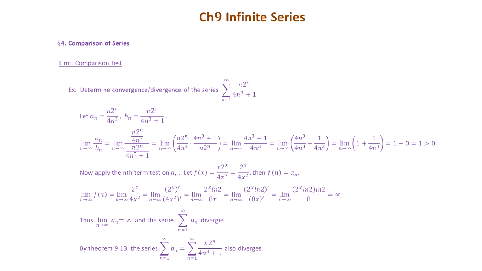They need to have the limit 0 as n approaches infinity. So a_n needs to have a limit 0 for the series to converge. That's called the nth term test. If the limit of a_n is not 0, then you can automatically tell that the series diverges.